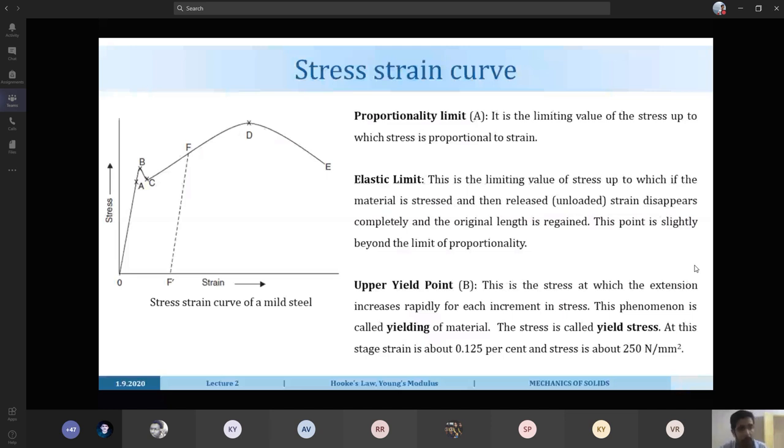So what happens if we apply a load beyond the point B? If we unload the material, it will not go back to its original shape. There will be a permanent deformation in that specimen.